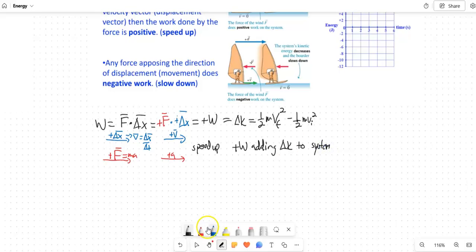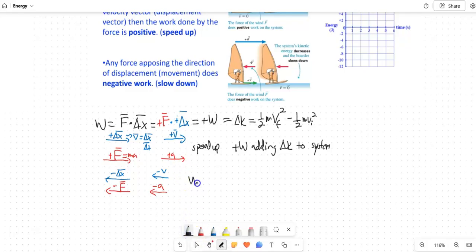Okay. Similarly, if you have a displacement vector to the left and you have a force vector to the left, well, again, those two things are essentially a negative velocity vector and a negative acceleration vector, right? Which is speeding up, but in the negative direction.